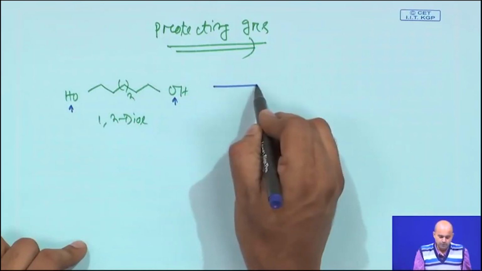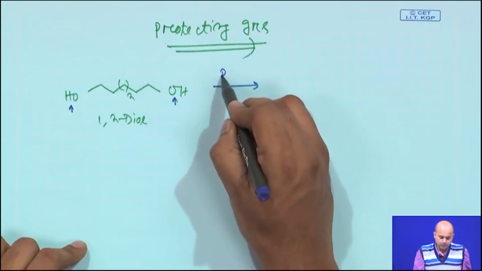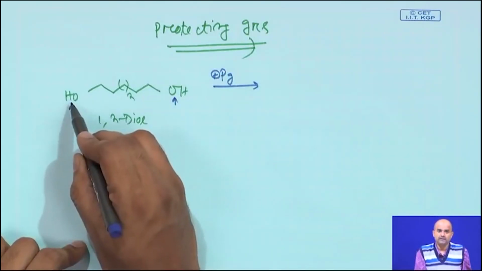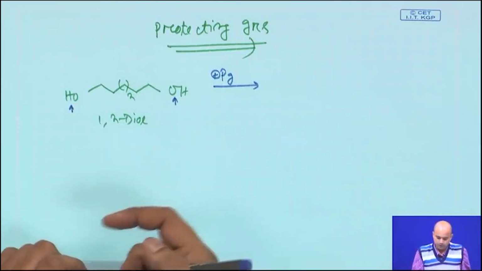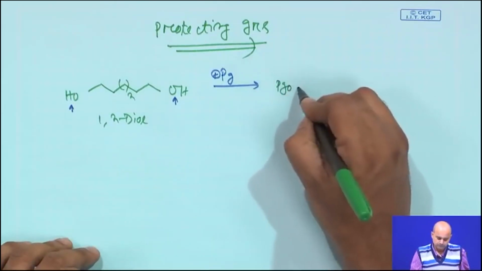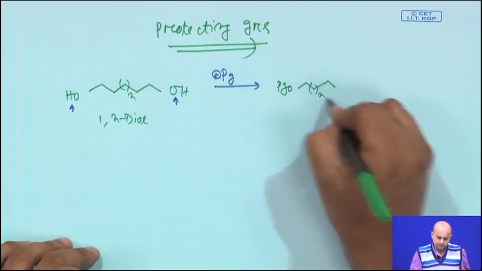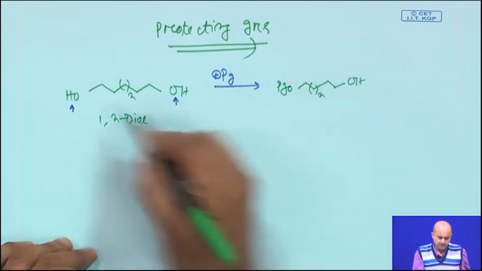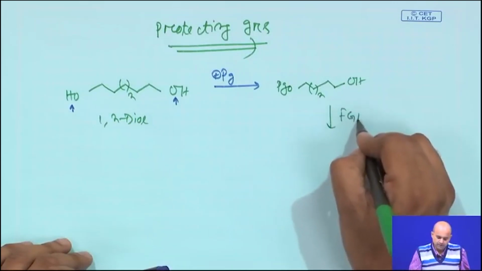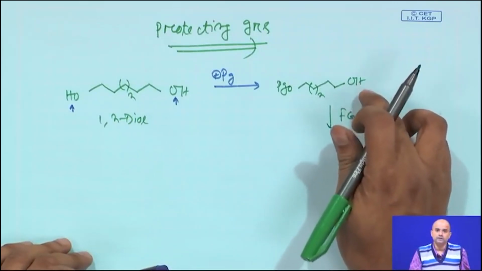Then basically you need to use a protecting group, masking this end. Then you do the remaining FGI required in your synthetic transformation.